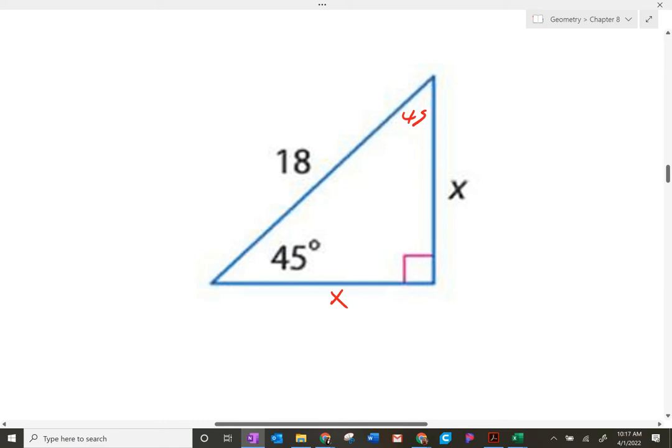What I'm going to do, looking at this one, is I want to try to figure out how I can take out a radical 2. Okay?